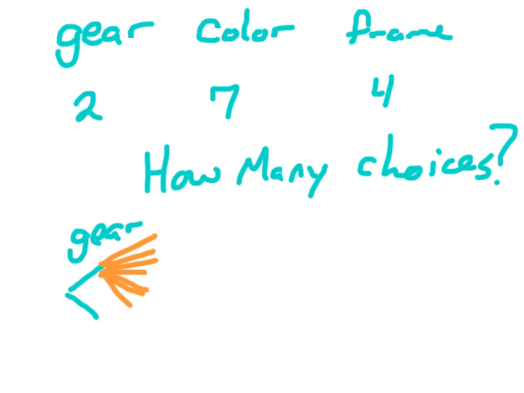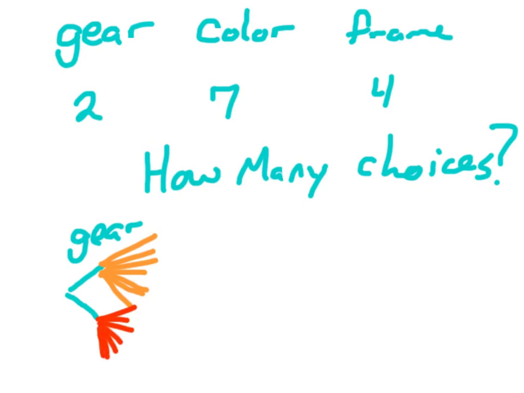Once you've picked, say, your 5-speed, you could have picked your red, green, blue, brown, black, purple, indigo, and violet. Your 7 different colors. Keep in mind that if you had picked a 5-speed bike, you could have picked any of those 7 colors.